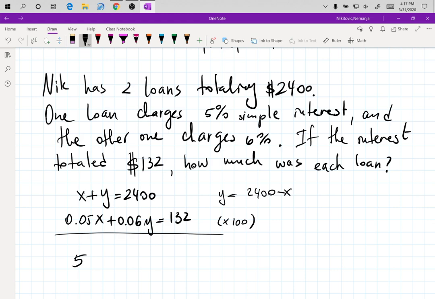So we have 5X plus 6Y equals 13,200. So all I did is I multiplied by 100, so I get rid of these, right?